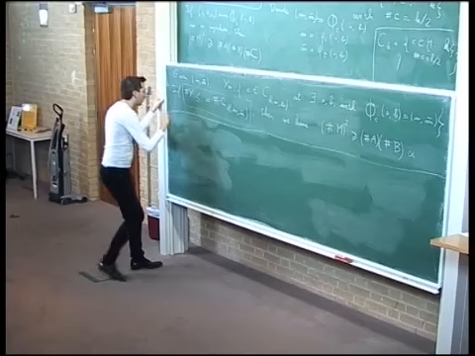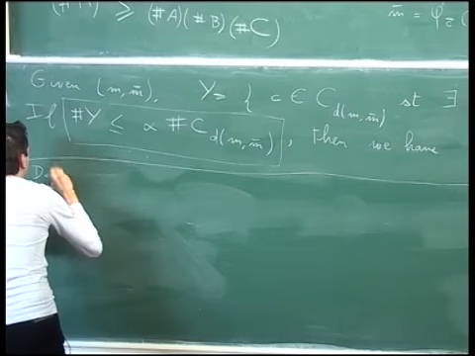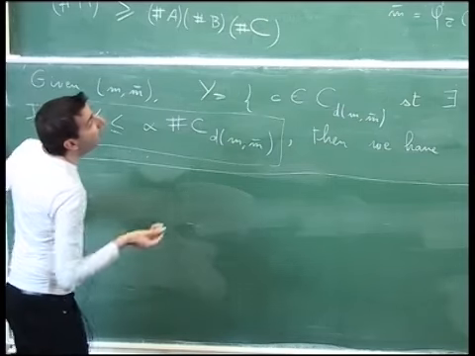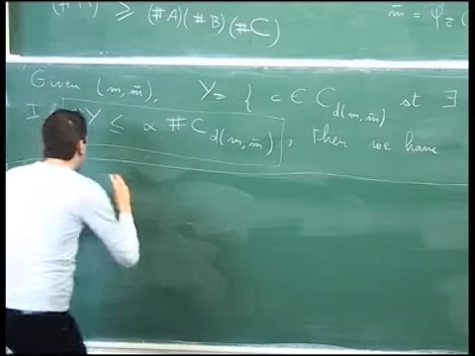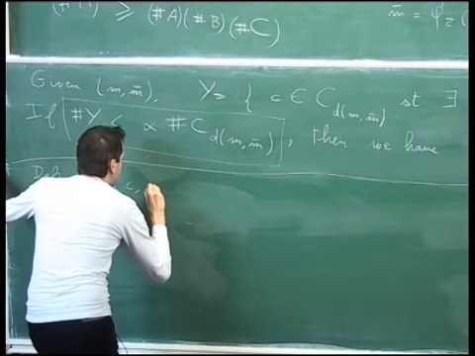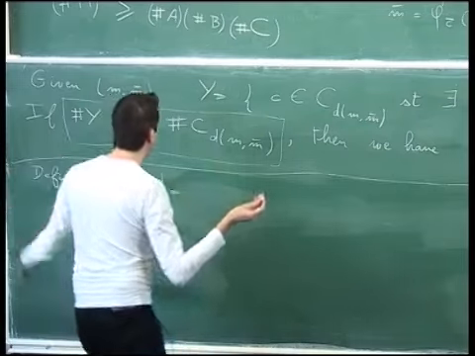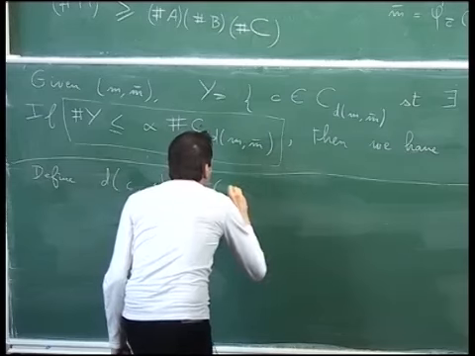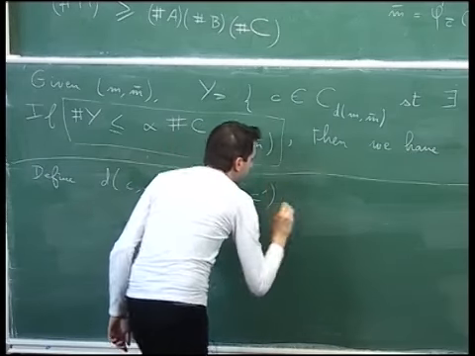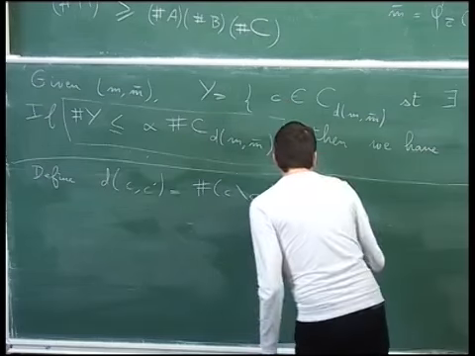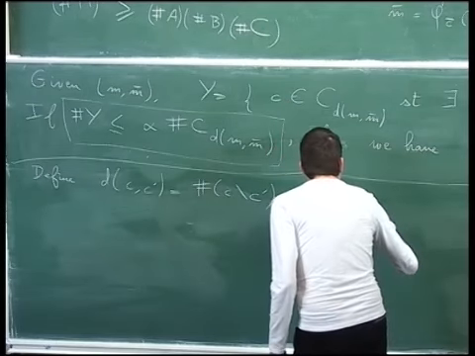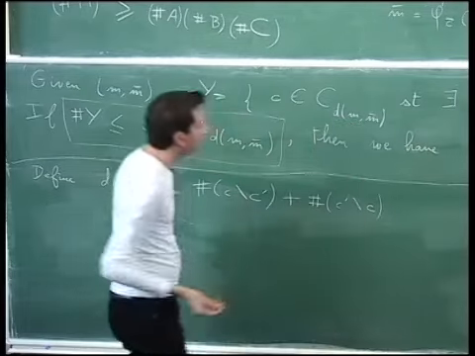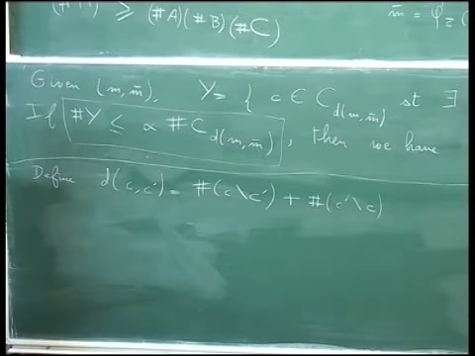So define, if you have two codes C and C prime, their distance d(C, C prime) is equal to the number of points in the symmetric difference. So that is at least 2, because you just change the position of one choice.